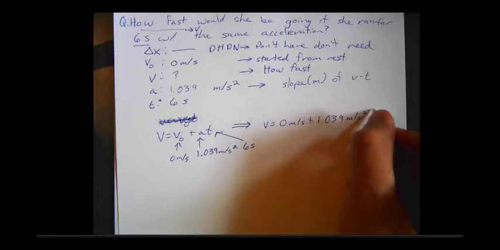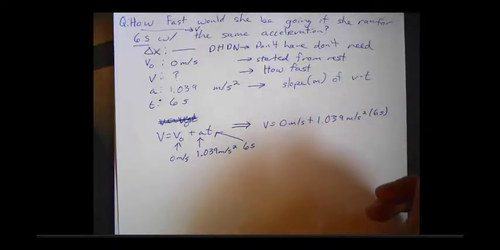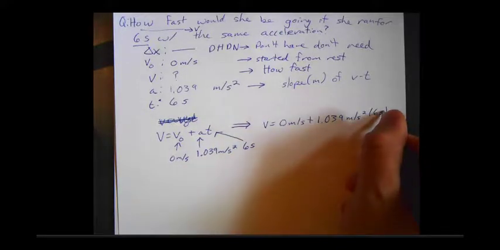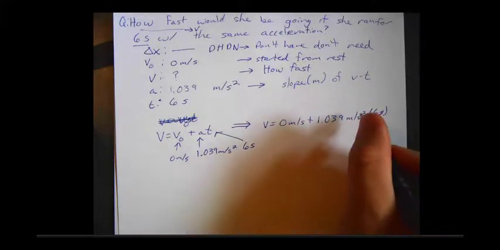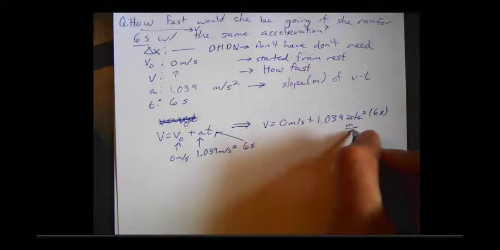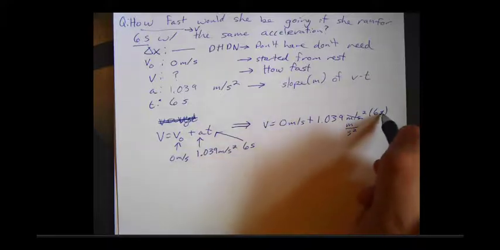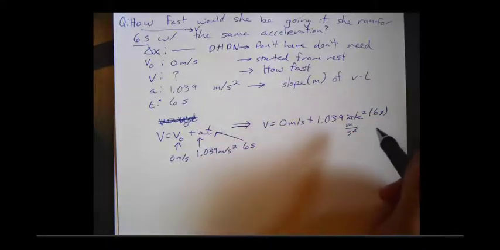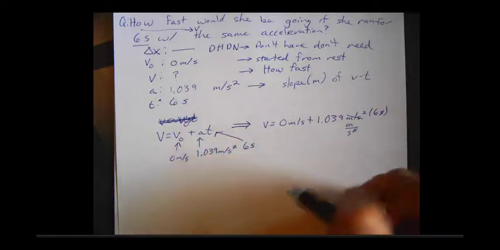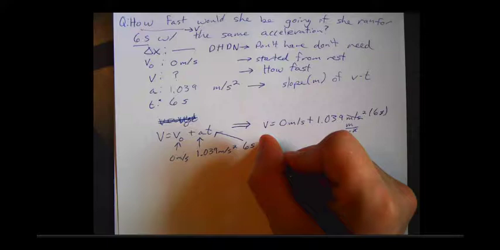times 6 seconds. Now, something that I want you to note is we're going to have 6 seconds here in the numerator, and per second squared, I could write this like this, or I could write this like meters over seconds squared. And one of these seconds and one of these seconds is going to cancel out so that our units become meters per second, which is what we want for velocity.